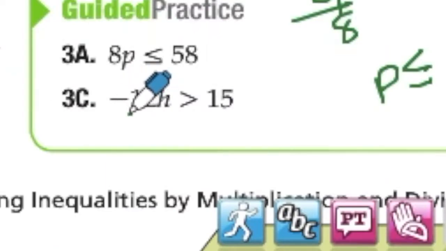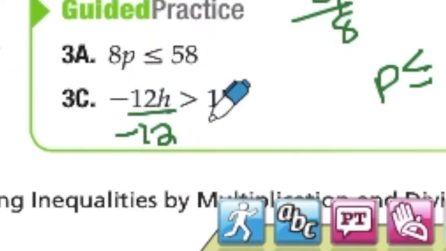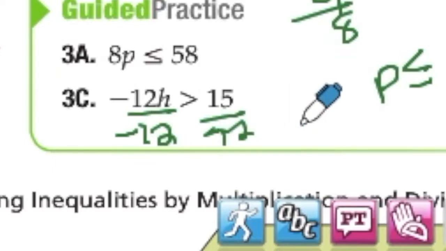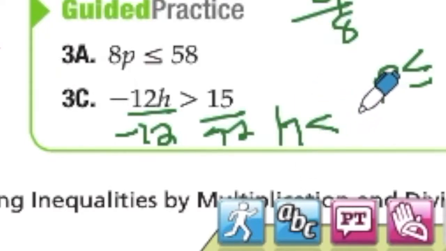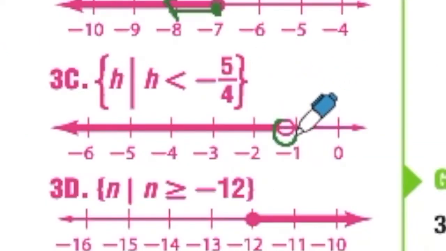For 3c, we're going to divide by a negative 12 to isolate the variable, which means that we're going to have to flip the inequality symbol. So we have h is less than 15/12, which reduces to 5/4. And since we did divide by a negative, it's a negative 5/4. And so we have an open circle at negative 5/4 with an arrow going to the left.